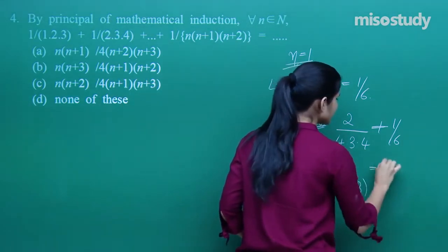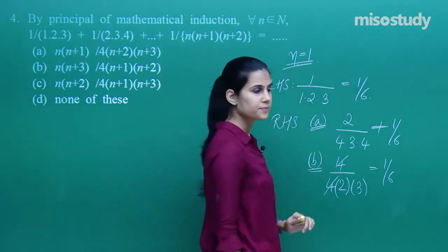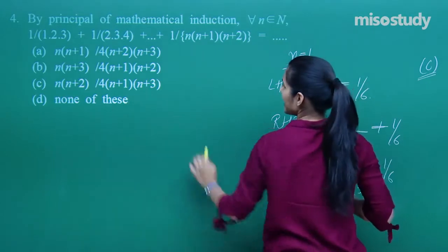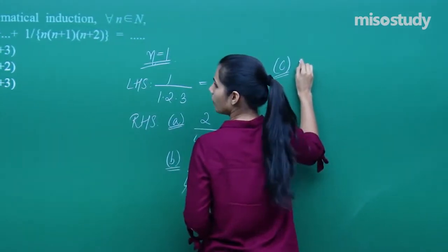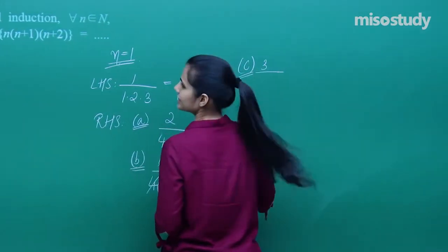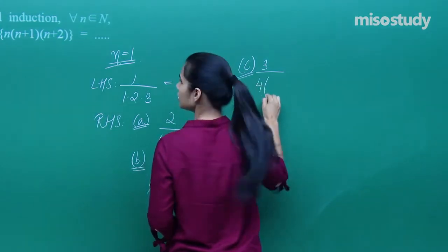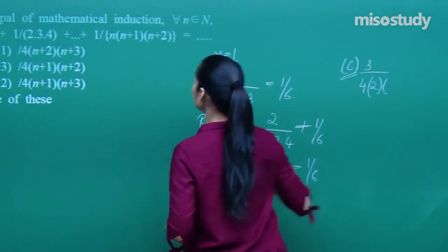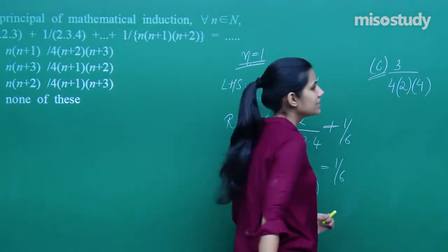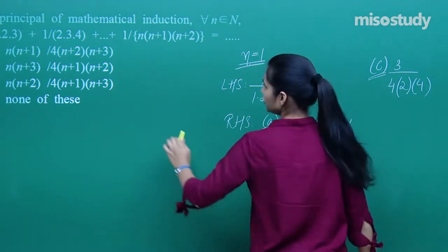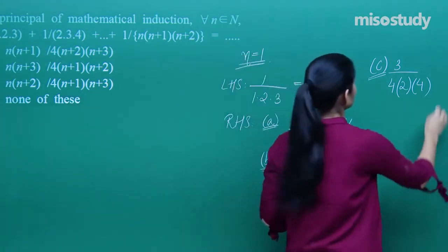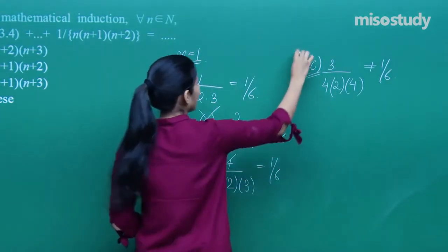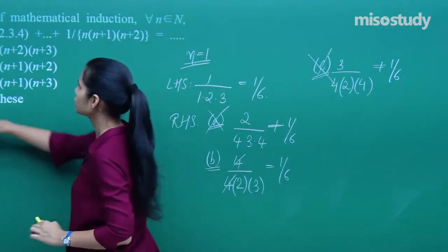This 4 cancels, you are getting 1 by 6. If I put C, then I am getting n into n plus 2, that means 1 into 1 plus 2, that is 3, upon 4 into 2 into 4. This is again not equal to 1 by 6. Therefore RHS cannot be A, RHS cannot be C, RHS has to be equal to B.